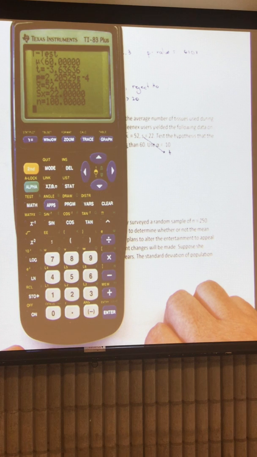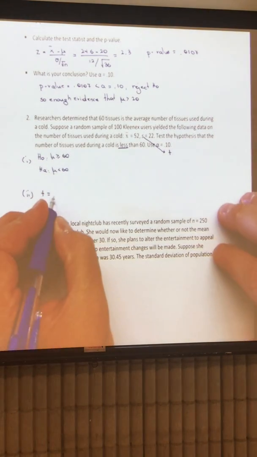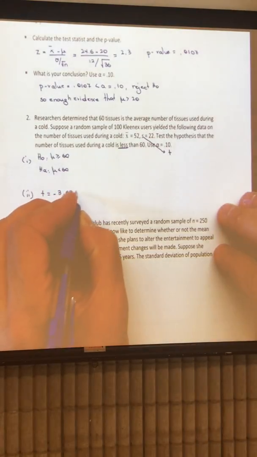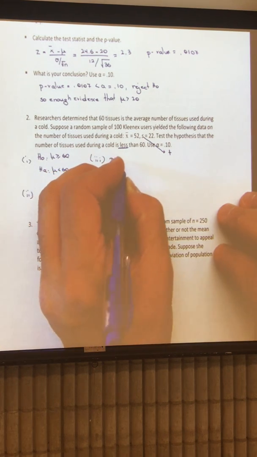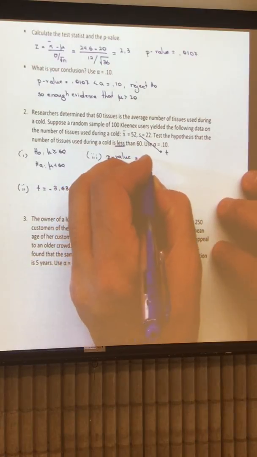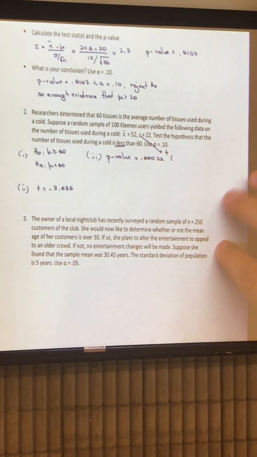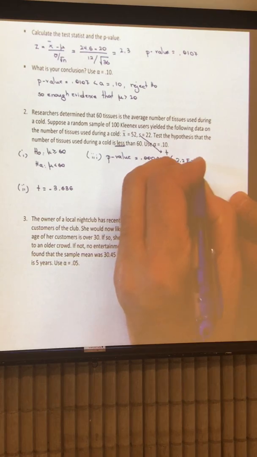The p-value is 0.00022. So the t is negative 3.636. Step 3, the p-value based on the calculator is 0.00022. This is the same as we got in the calculator, 2.2 e negative 4.